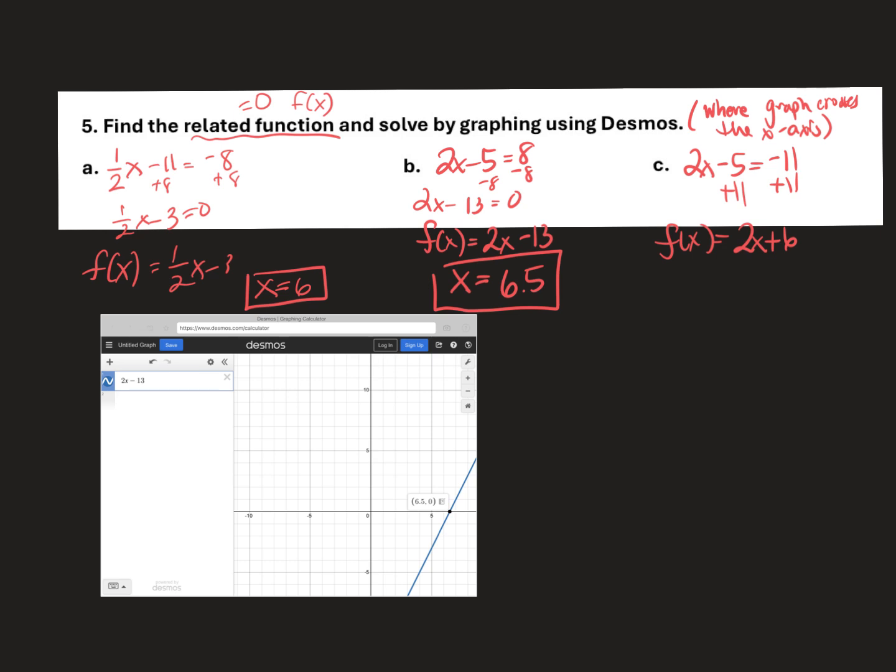I'll type this one in. X equals -3. And we solve those equations by making the related function and graphing.